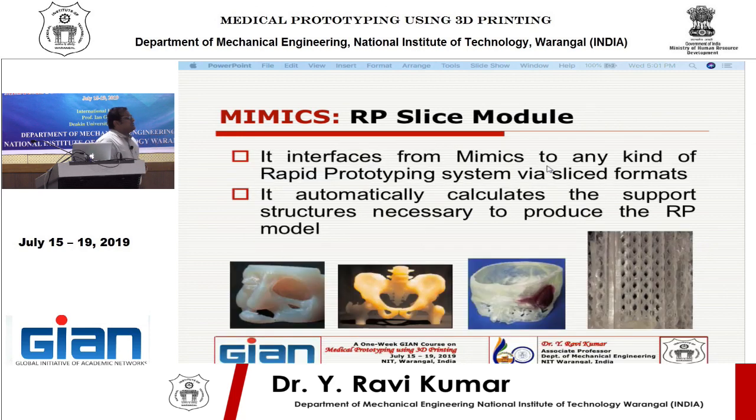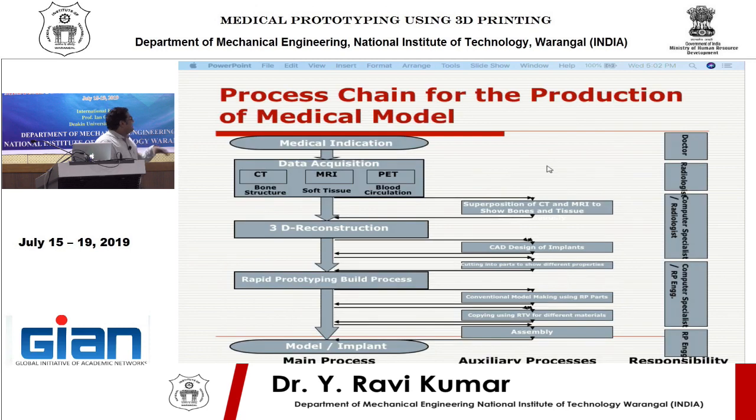And then you have an RP slice module which will create an interface to a software that supports different kinds of supports. So they have some patents or some kind of support types. And if you want to develop a medical procedure, or produce a medical model, of course, you have different people.